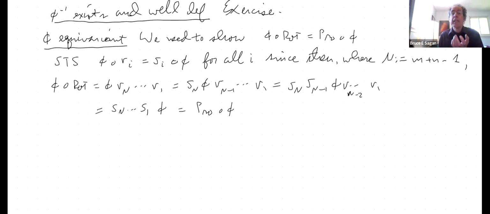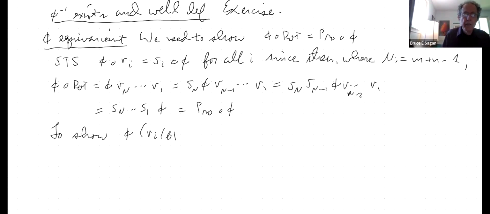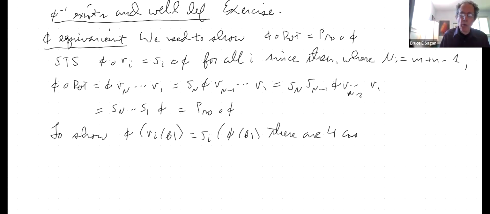And now it's going to be, this is easy. This is really easy, except for the fact that you got to break it down into cases, as is so often the case. So to show that phi of Ri of a bit string is the same as Si of phi of that bit string, there are 4 cases, depending upon what those 2 bits that you're swapping are.